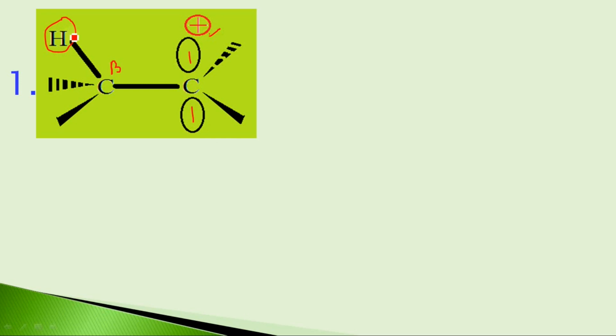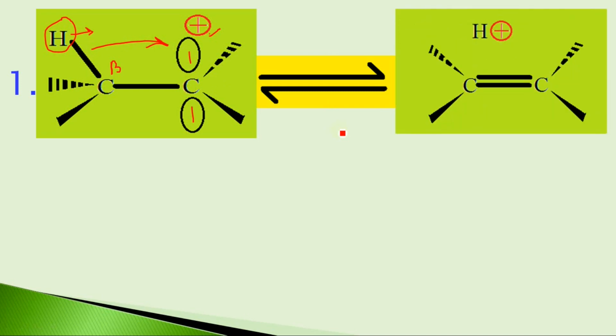The presence of protium or a CH bond next to the empty p orbital results in a stabilizing interaction known as hyperconjugation, and due to hyperconjugation this carbocation is stabilized.